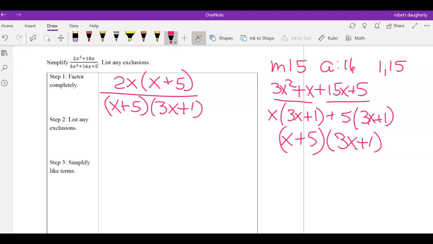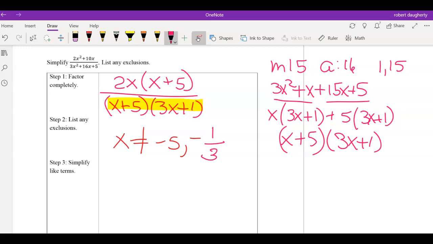My exclusions are that the denominator cannot be 0. So that tells me that x cannot be negative 5 and it cannot be negative 1/3. So those are the exclusions.